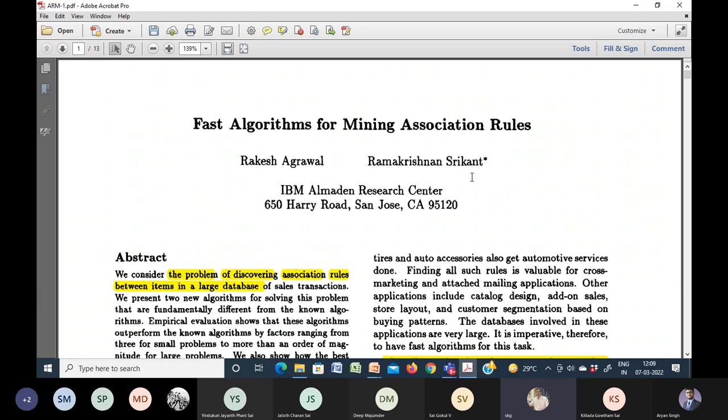There are a few approaches already proposed in the literature, but they take a lot of time.